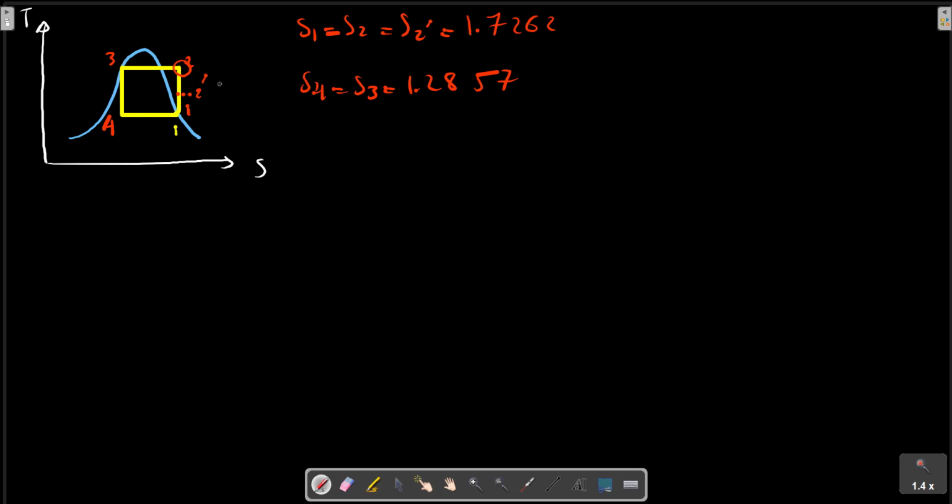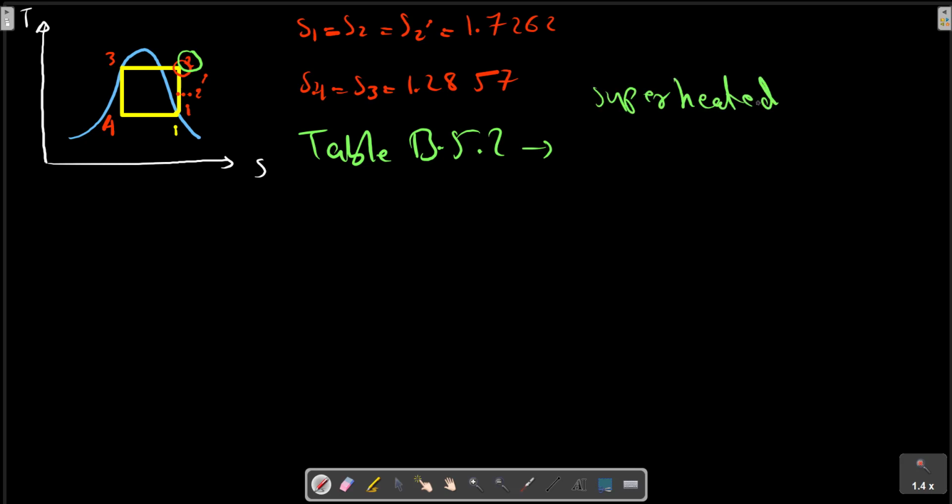The compression process starts at point 2, which is superheated. Table B.5.2 is for superheated, and we have T equals 60 degrees centigrade and S equals 1 kilojoule per kilogram Kelvin.